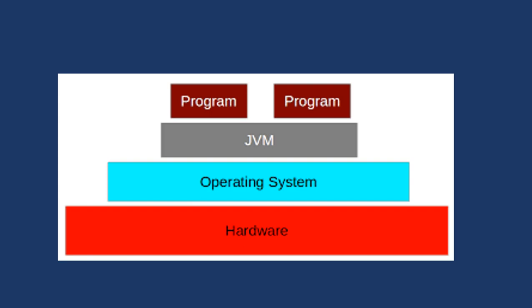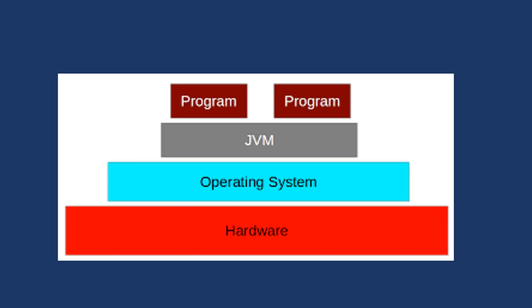We write a program, we compile it, and we run it. After the compilation, the .c or .cpp program will be converted into machine level language, that is the low level language for the hardware. So we straightaway run our program on the hardware itself.